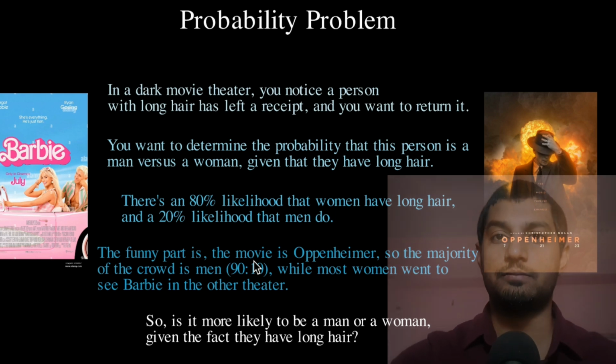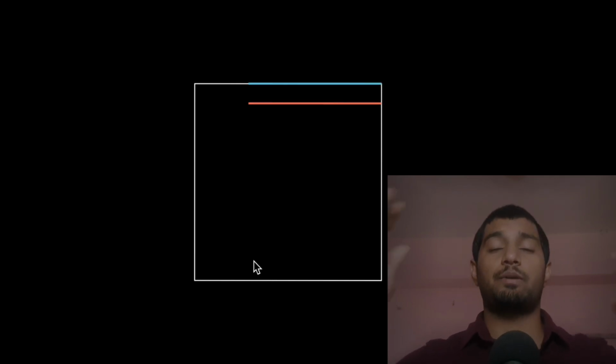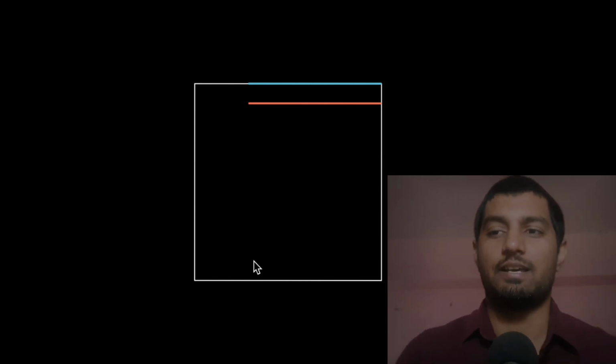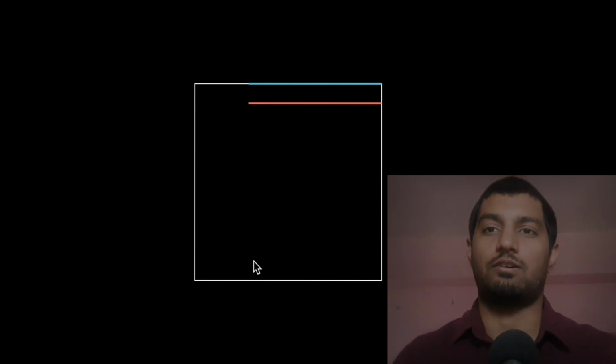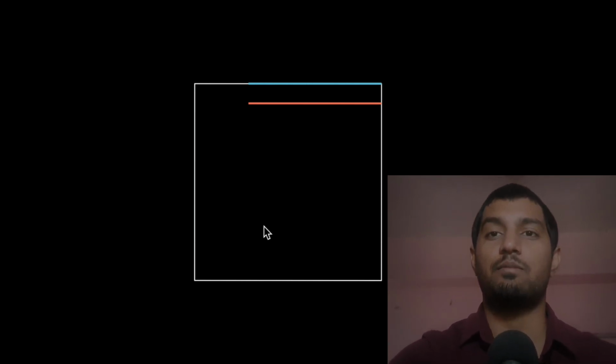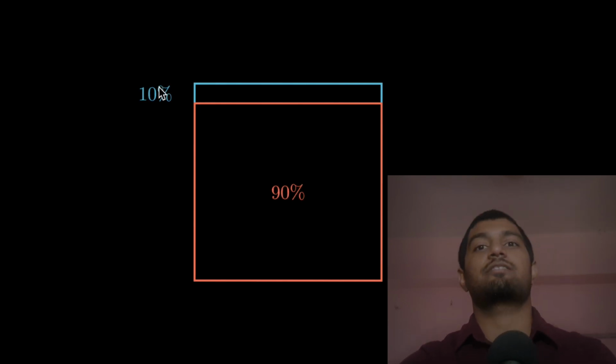So what we're going to do is imagine there are 100 people. Sometimes you can take 1,000, sometimes 100, based on your numbers. I'm picking 100 people in the theater, and this red block represents the men, because it is 90%, and 10% were the females.